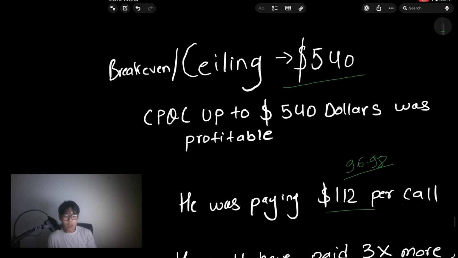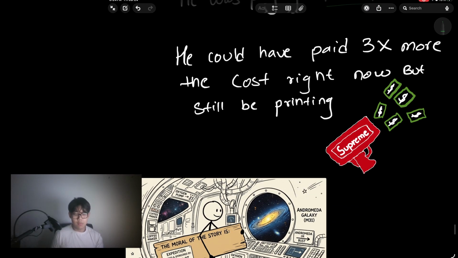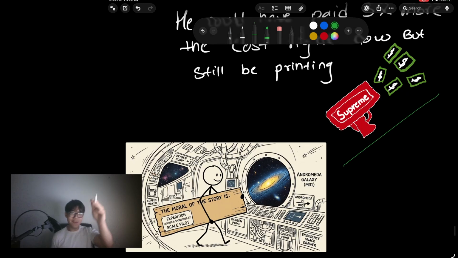Because up until 540, whatever amount he's spending, he can easily get more customers and end up being profitable. He can still be printing and use this machine gun to print really hard.